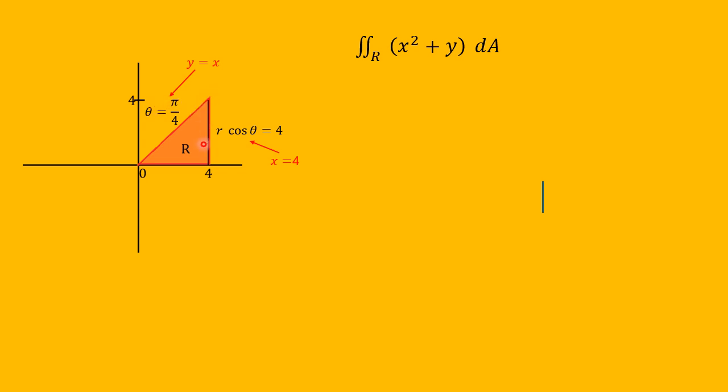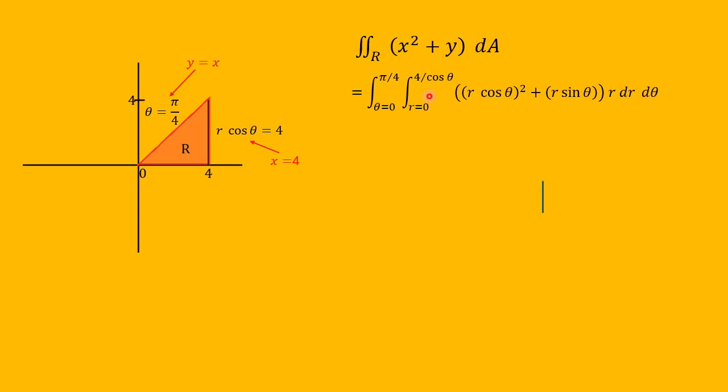This side was x equals 4, and that's the same as r cosine theta equals 4. So we can write this the following way. X squared plus y is going to be (r cosine theta) squared plus r sine theta. The dA is going to be r dr d theta.